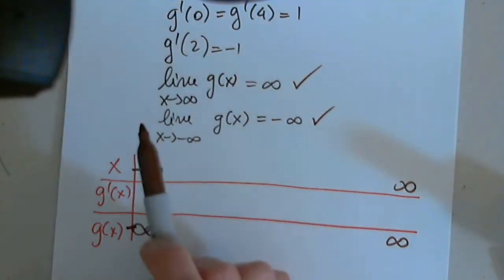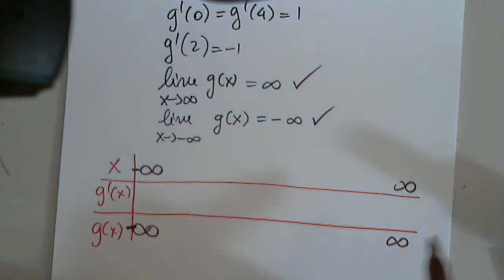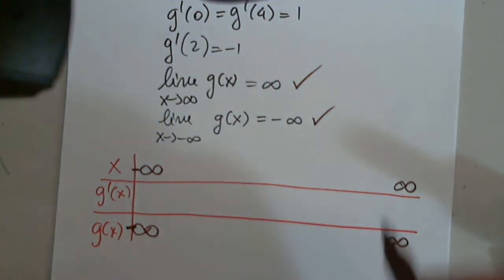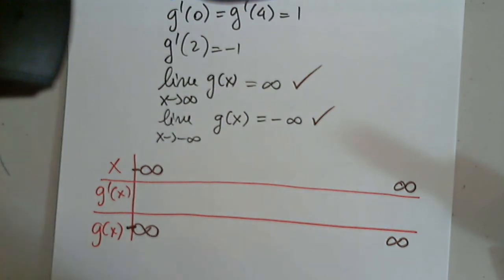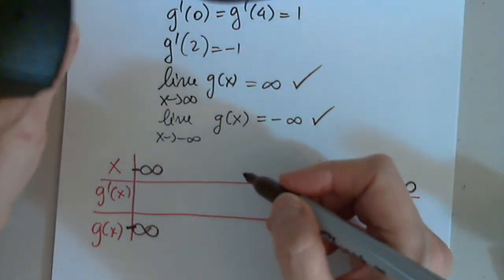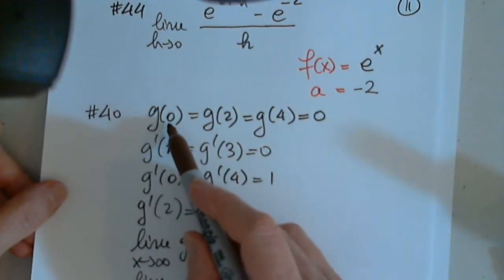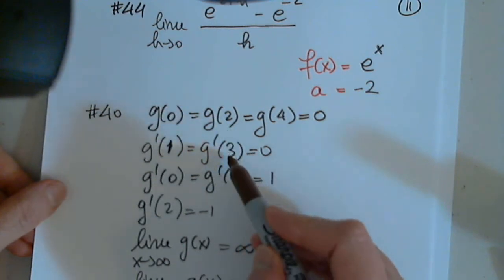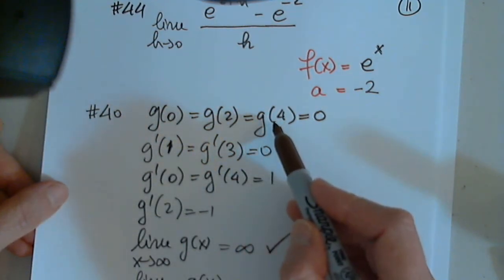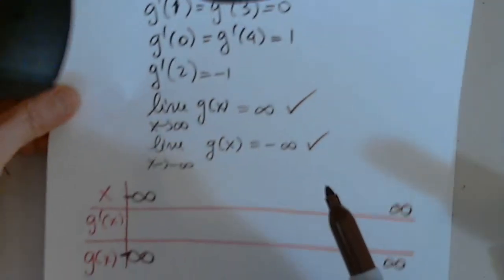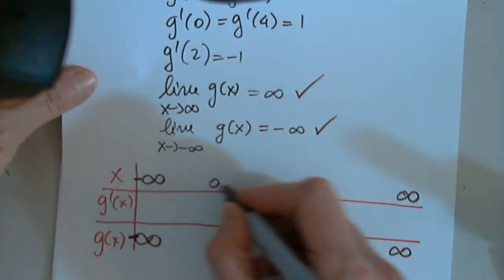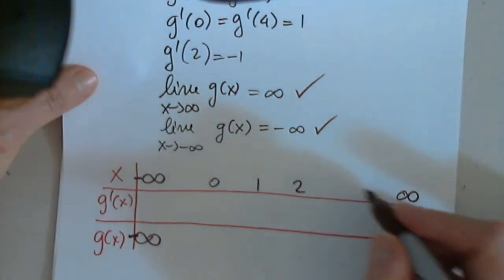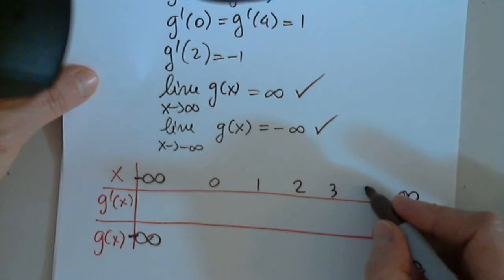And the limit of g of x as x approaches infinity is infinity. Okay. So obviously no horizontal asymptotes. These are accounted for. Now g of 0, so I have to have in the table 0, 1, 2, 3, and 4. So I have to make sure they all fit.